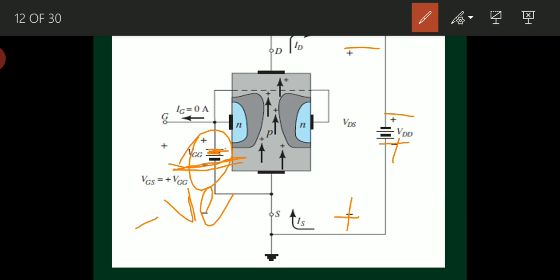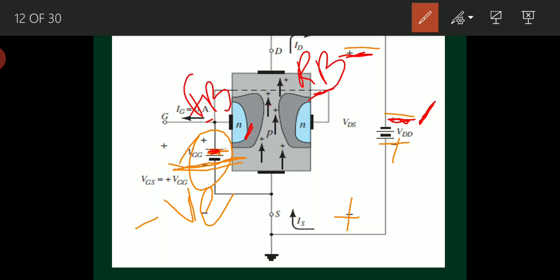This negative terminal is making the drain terminal reverse biased, and the negative terminal here is making this N-type gate forward biased. So this forward bias will compensate this reverse bias at the junction.